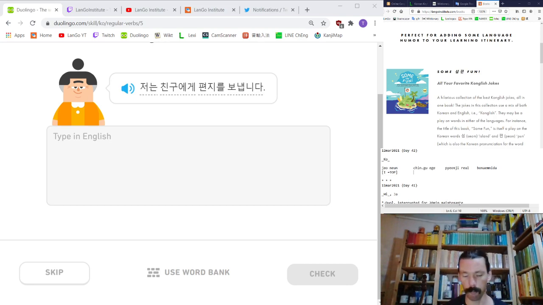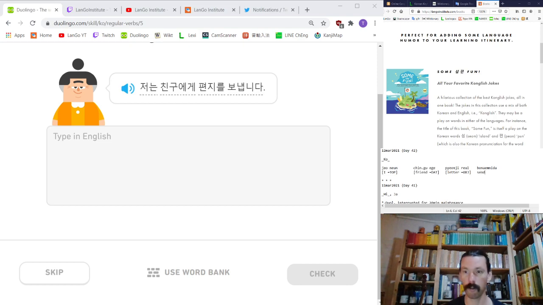친구, friend, and 에게 is what we call a dative case marker, to whom. That's a noun phrase: I, toward friend, 편지를, letter, and this one, accusative, is the object marker, the primary thing affected by the verbal action.